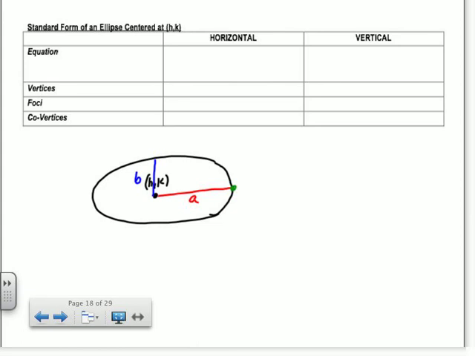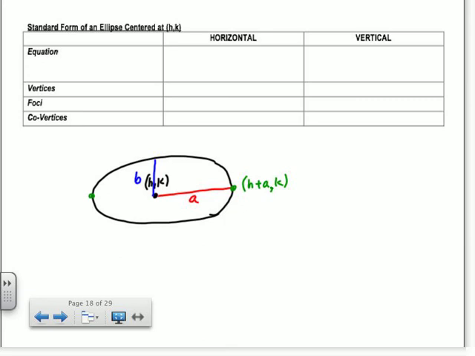Okay, so if I'm trying to find the vertex over here, I started at h, k. What am I adding a to, the x value or the y value? X value. So do you see what that's going to be? You're going to have h plus a, comma k.